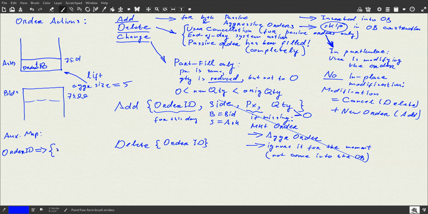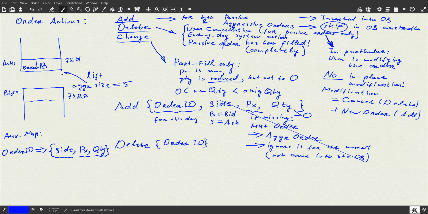to side, price, and it is probably a good idea to memorize the quantity. So when a delete comes, you already know, with this order ID, you need to delete it from, for example, asks, from this price level, and the quantity was this.